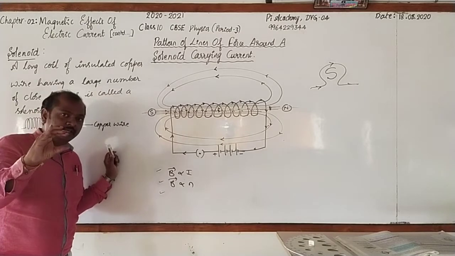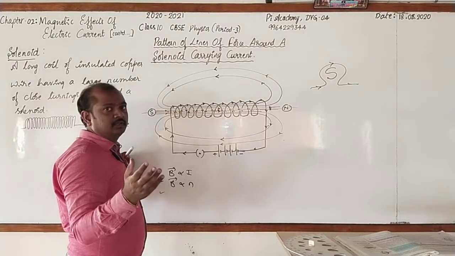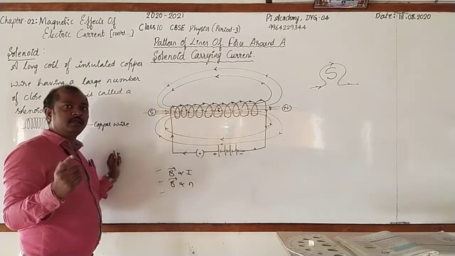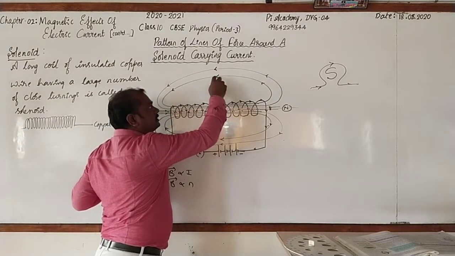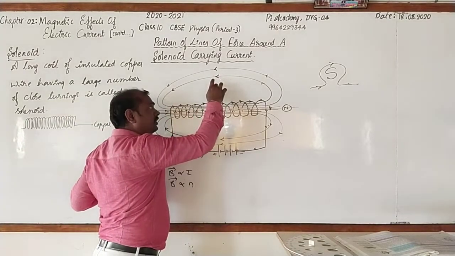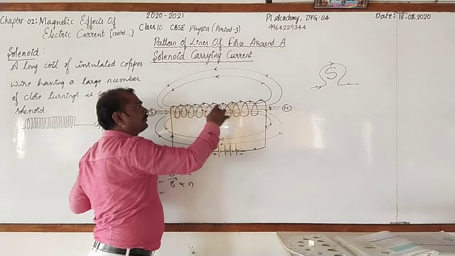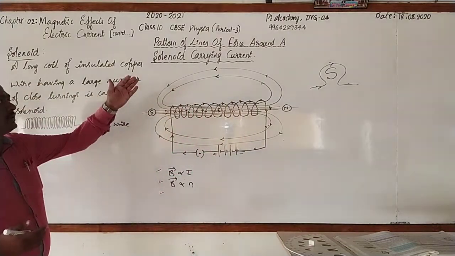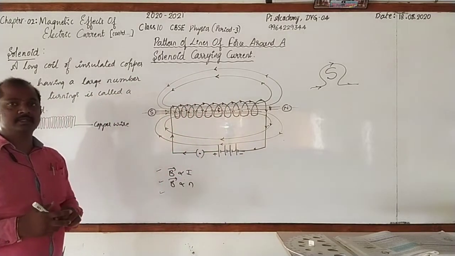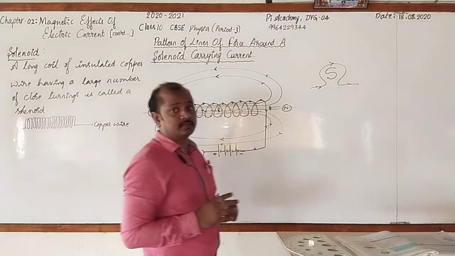As the diameter decreases, the field strength increases. Clear? Next, as the distance of the lines of force from the solenoid increases, the field strength decreases. These are the factors.